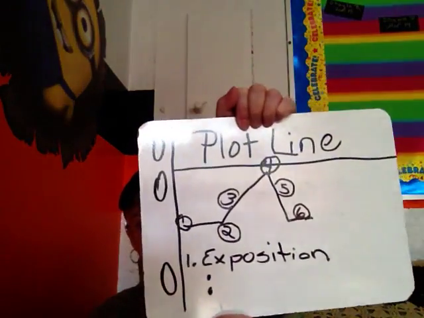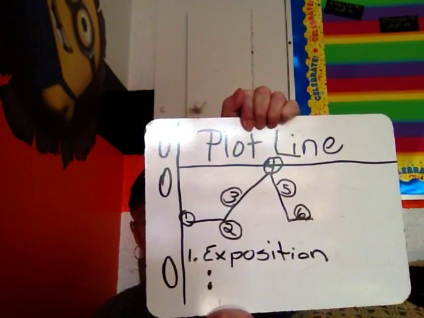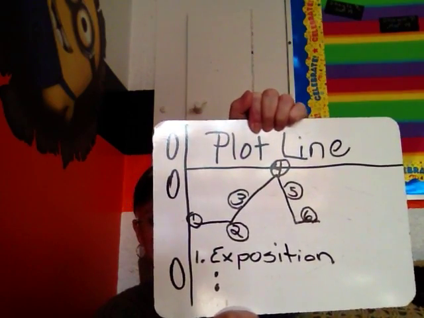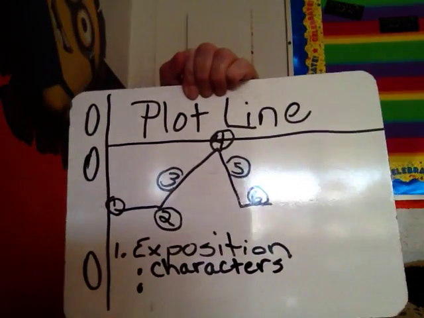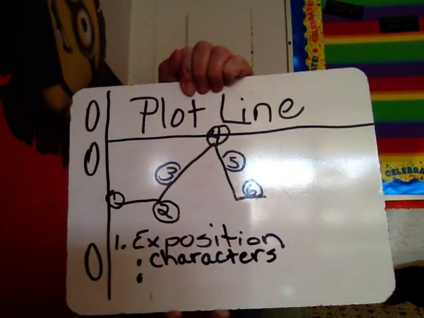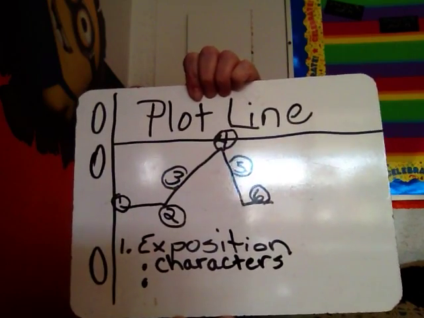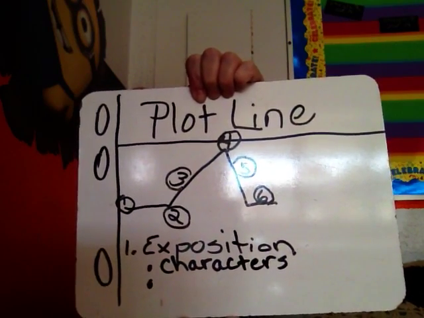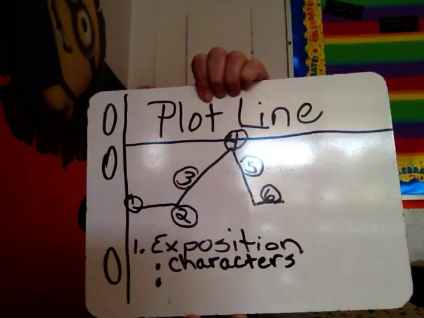And right underneath the E, I want you to put 2 dots, 1 on each line. And by the first dot, we're going to write the word characters. C-H-A-R-A-C-T-E-R-S.